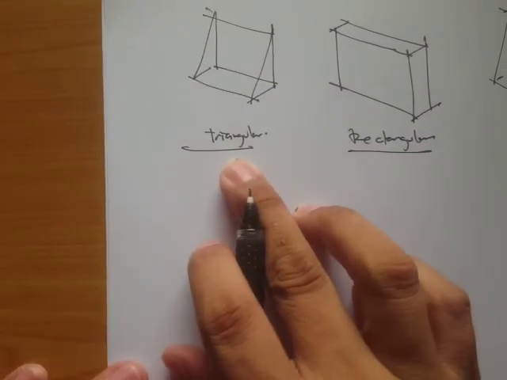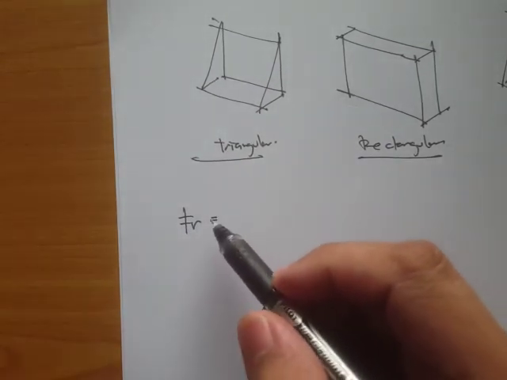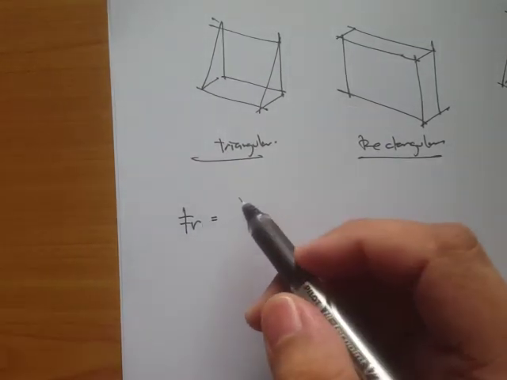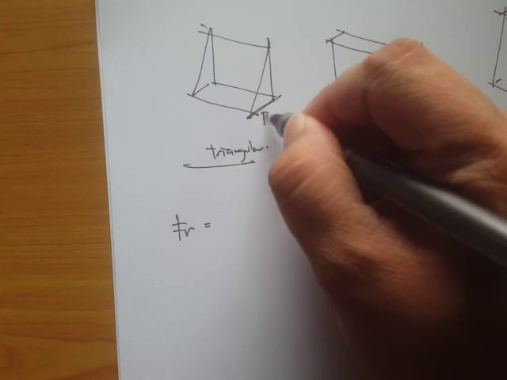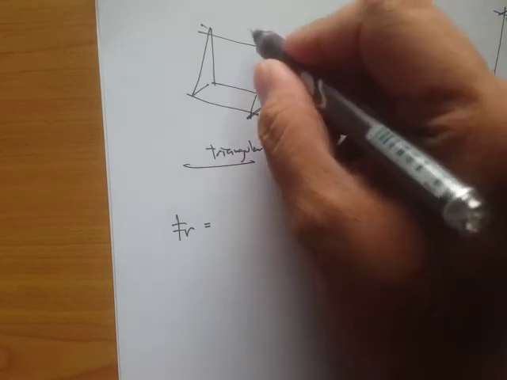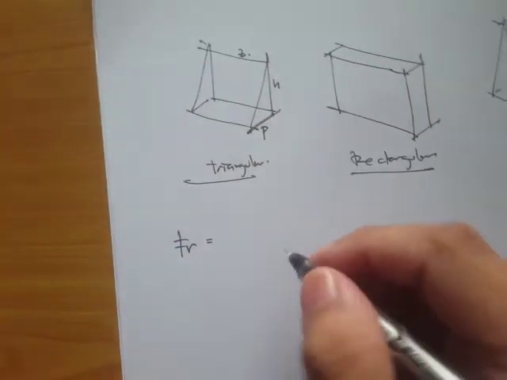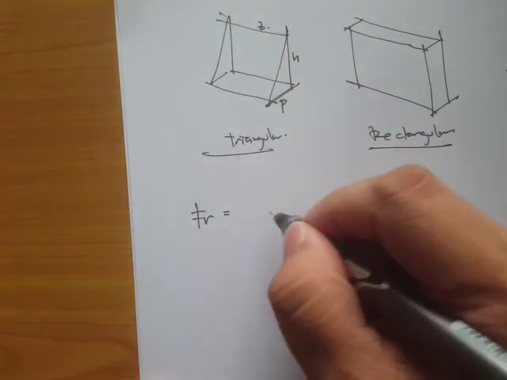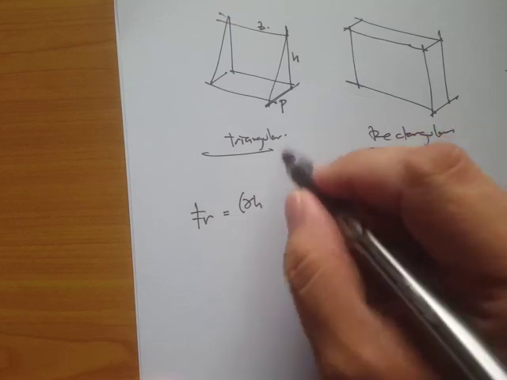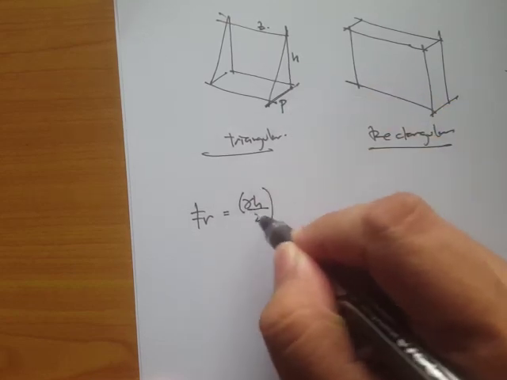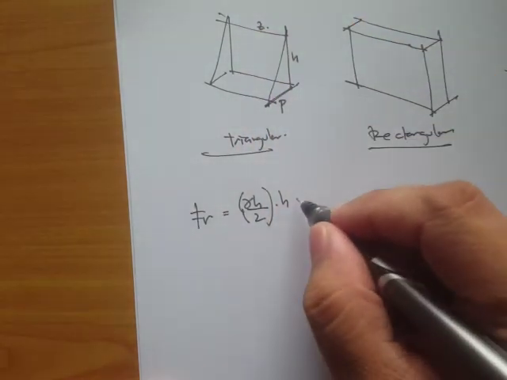Okay, so for the triangular, we have FR. Then recall that, as I've said, this FR is simply the volume of the solid. Okay, so let's say this is our P, and then this is our H, and this will be our Z-axis. Okay, so for these solids, we have the pressure, which is just equal to the unit weight times the height, divided by 2, times the h, this side, times the length.